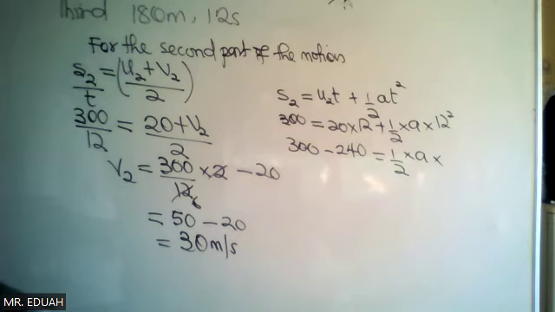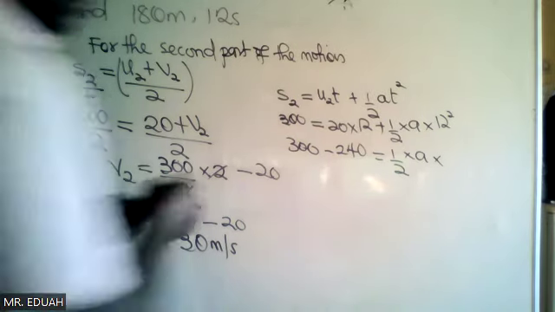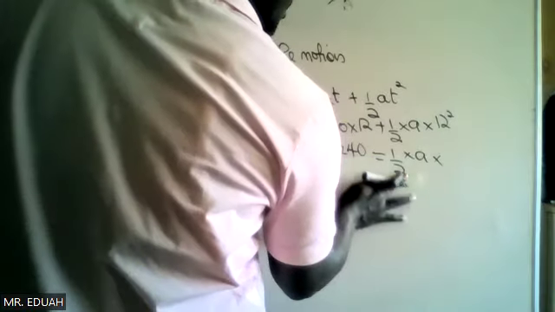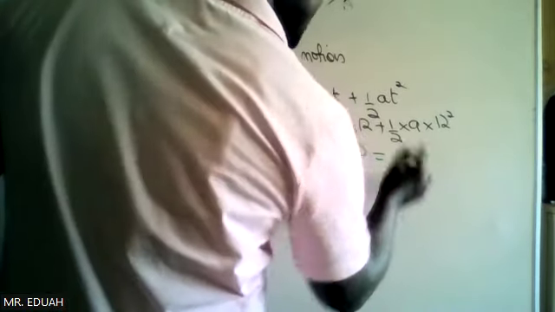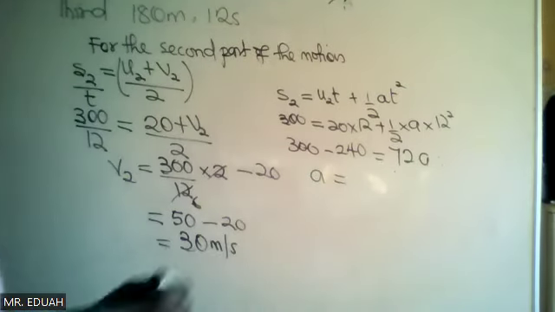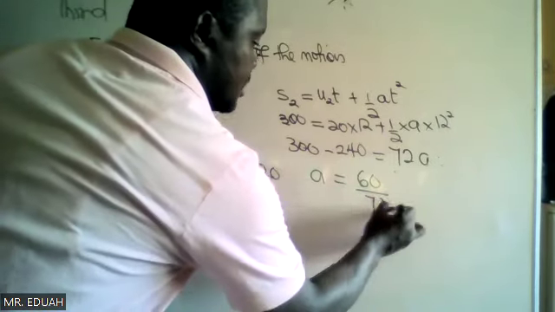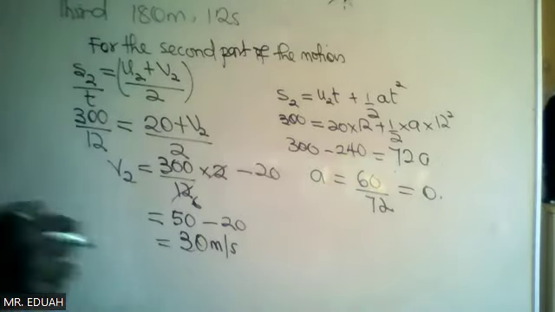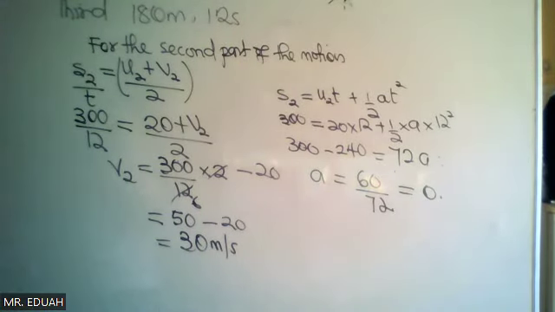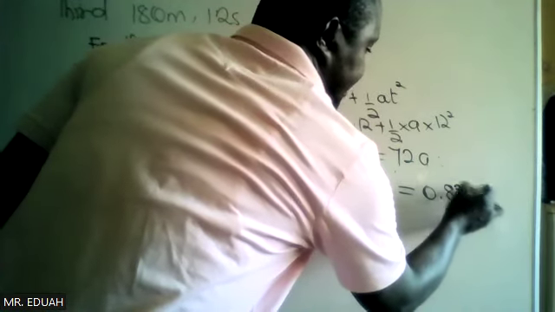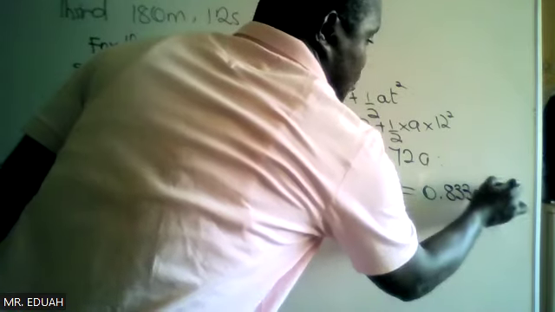Please, 72. So this is 72. So we have 72A. A therefore is equal to 60 over 72. And this is 0 point what? 0.83. So 0.833 meters per second squared.